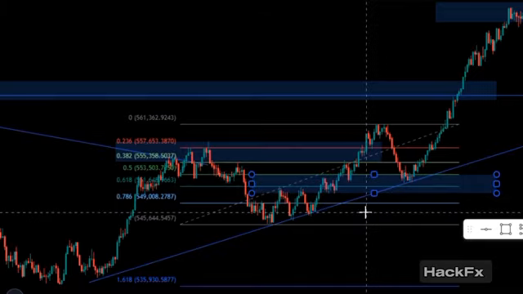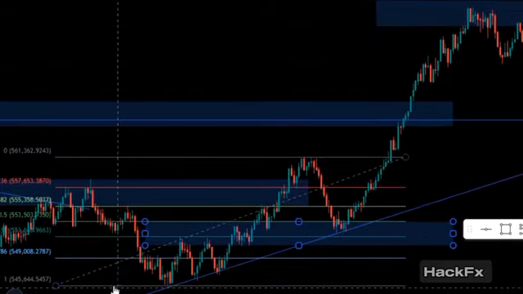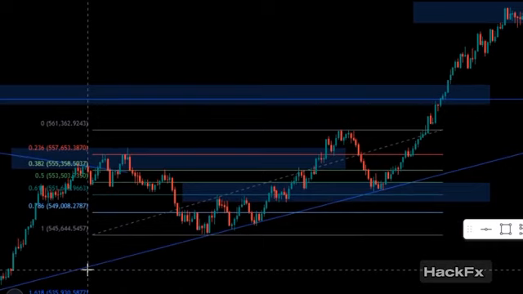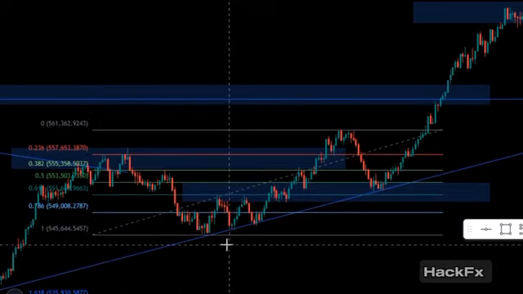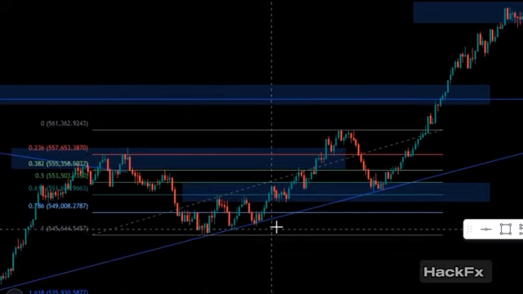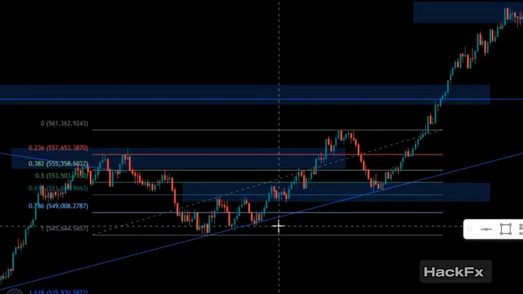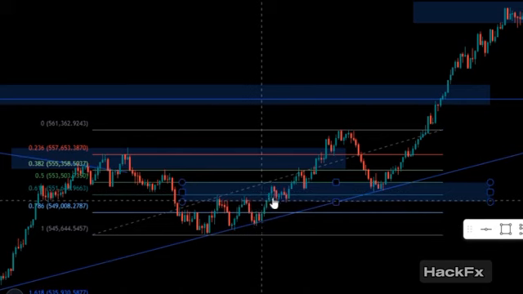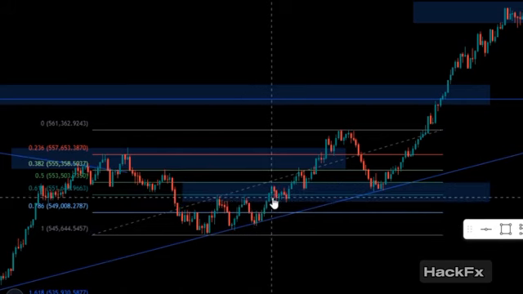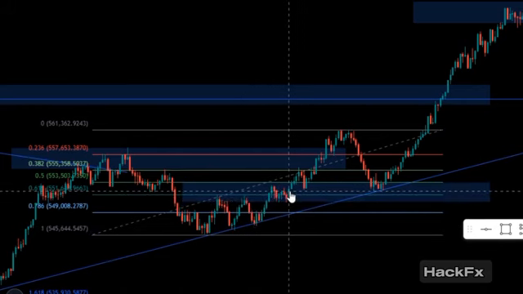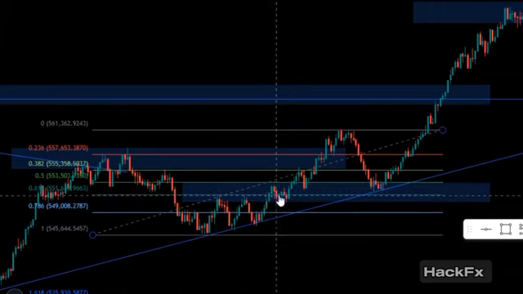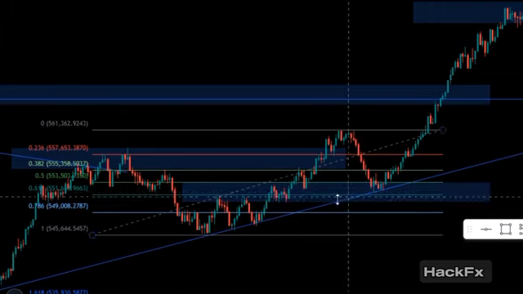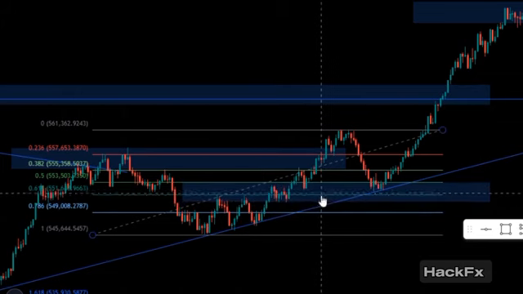Another way to confirm, the last tip or secret you can use to note where the market will reverse from, is that there will be a demand zone for a bullish trend. This is a demand zone. The market will come back to that demand zone.